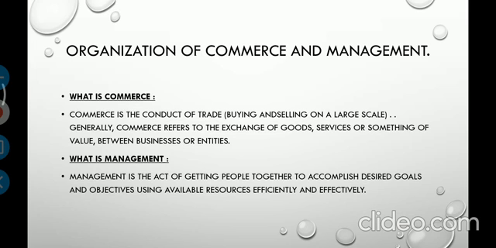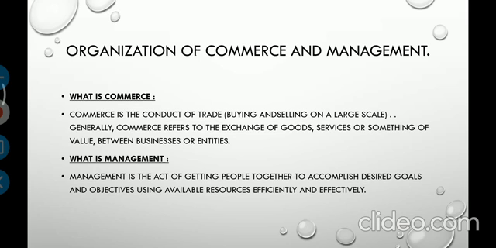Now, what do you mean by goods? Goods are physical things. Pen is a good, paper is a good, book is a good, table is a good, rice, wheat, goods. What do you mean by services? Services are intangible benefits which cannot be seen or touched, but you can make benefit out of it. Like transportation is a service, hotel is a service, education is a service.